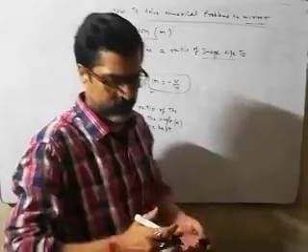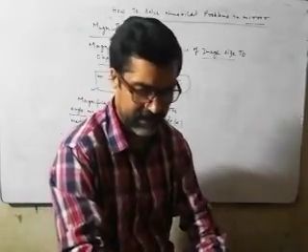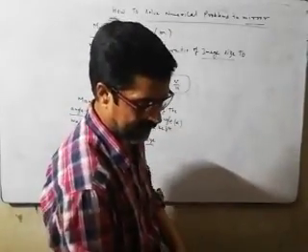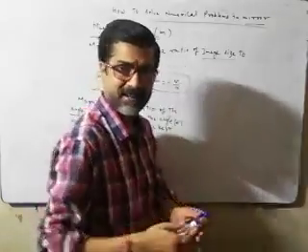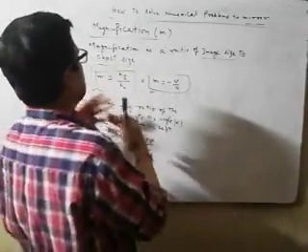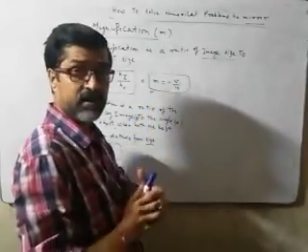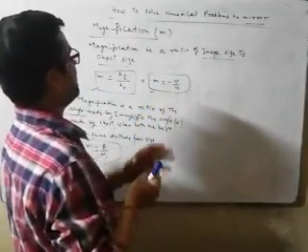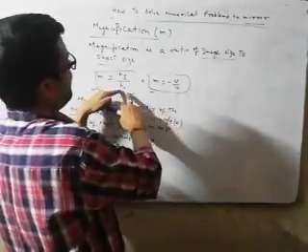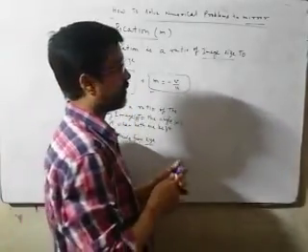I will make a diagram, and in the diagram it will be more clear why for mirror it is M is equal to minus v by u.